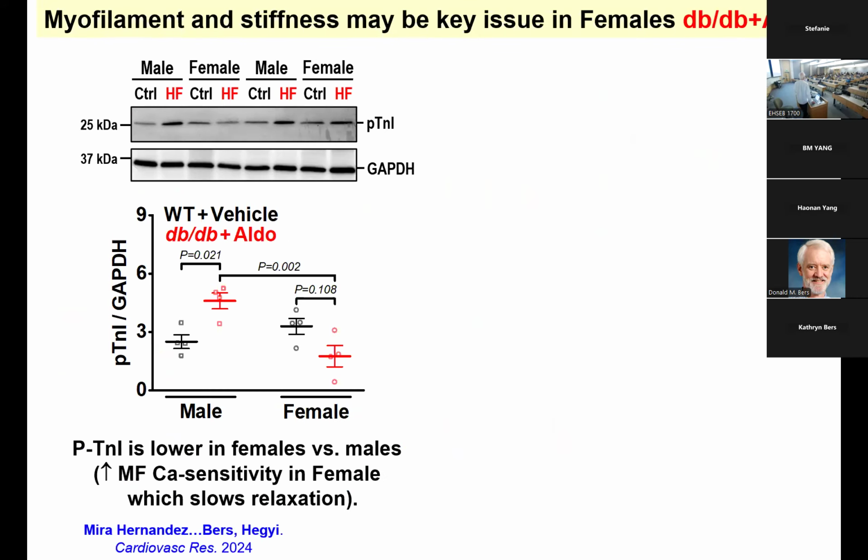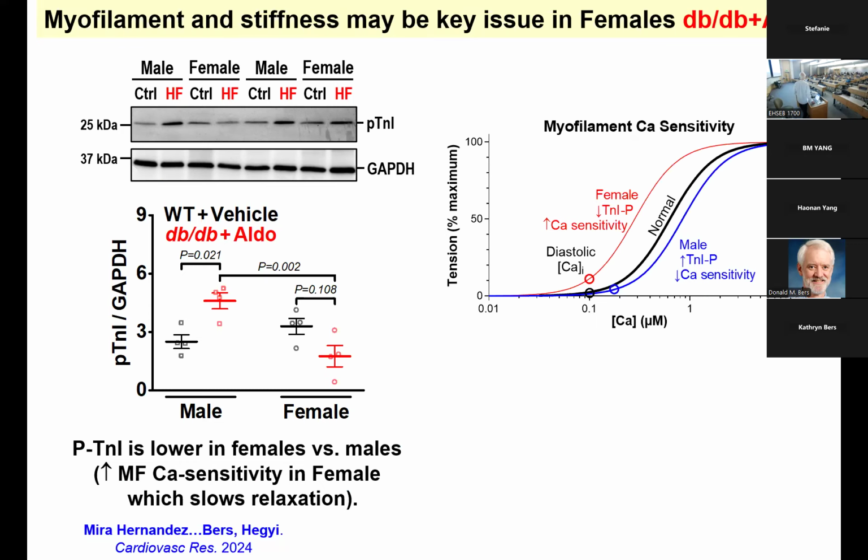So we said, well, let's look downstream of calcium. And we looked at myofilament properties. And we looked at phosphorylation of troponin I that regulates myofilament calcium sensitivity. And what we found is that males and females go opposite directions in how they change during the development of HFpEF. And so a simple way to translate that is, in the females, there may be normal diastolic calcium, but with the lower level of TnI phosphorylation, that moves this curve to the left.